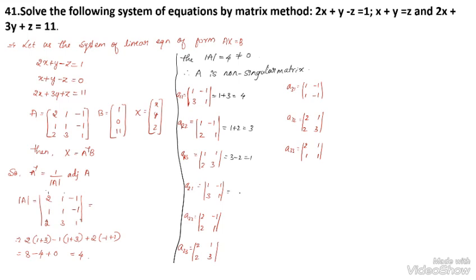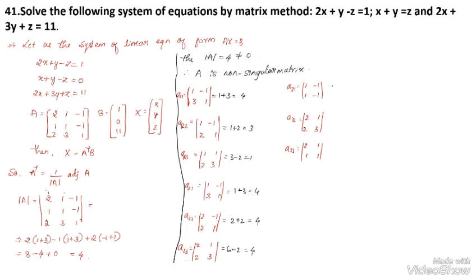Again 1 into minus 3, that becomes 4. 2 into 1, that is plus 2. 2 into 3, 6, minus 2. 2 into 2 is 4, 6 minus 2, 4.